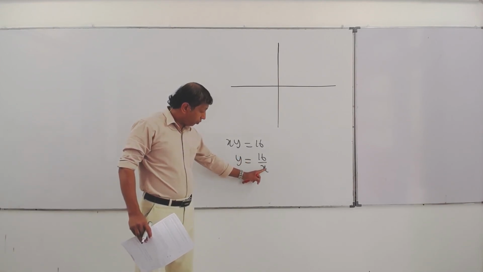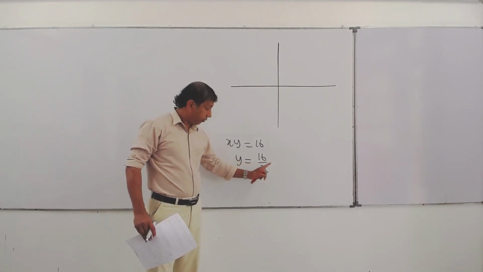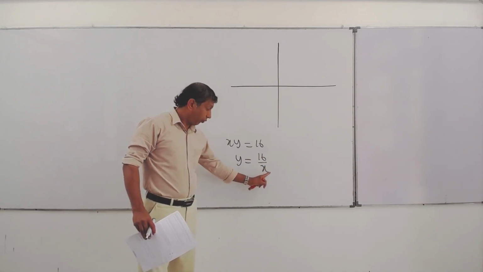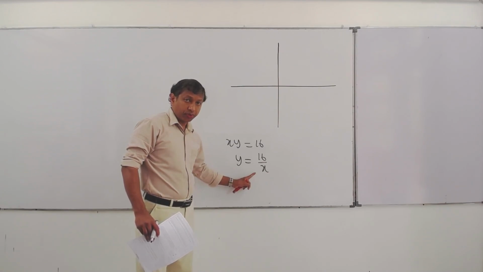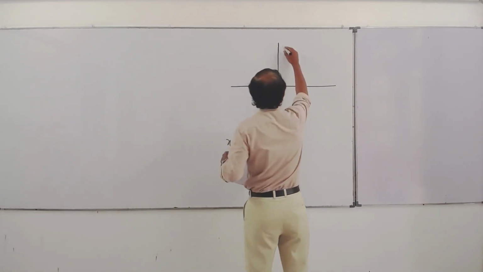When x goes to positive infinity, is the fraction going to 0? When x comes towards 0 through positive values, y goes to positive infinity. Yes, the graph is this.